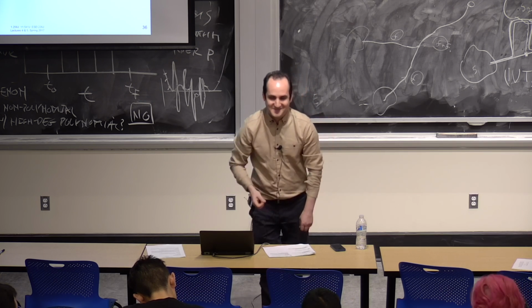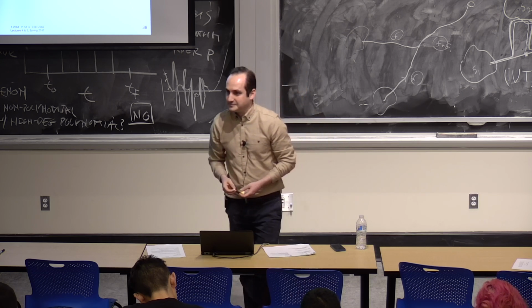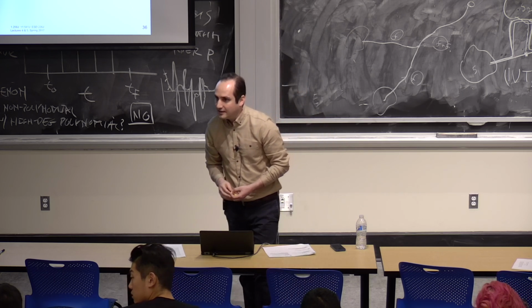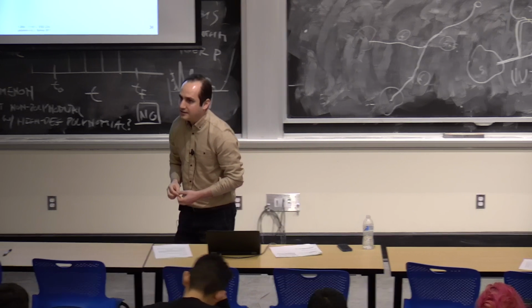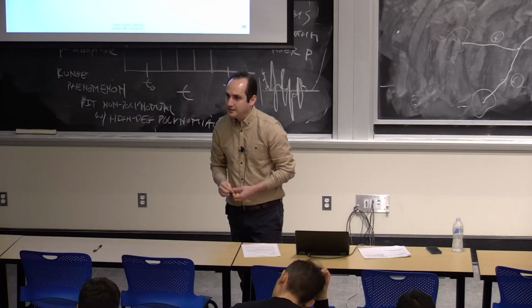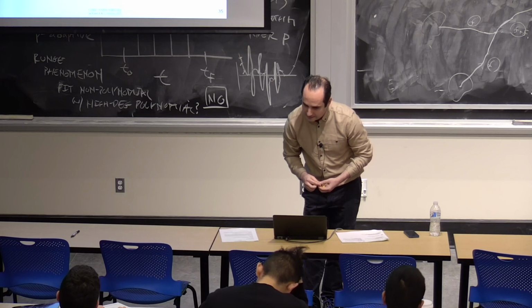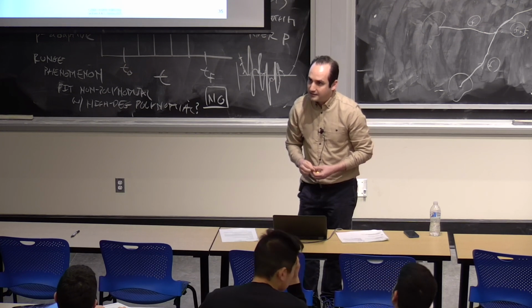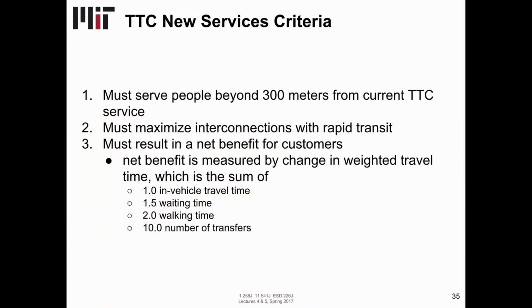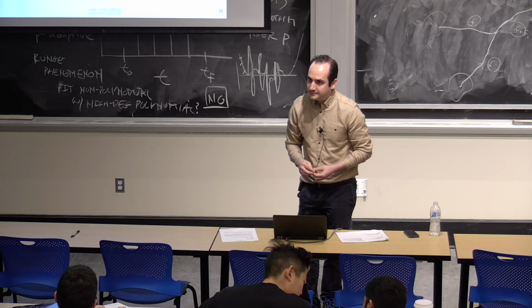Right. But isn't there a system of checks and balances in place? Because when it says new services criteria in slide 35, it actually looks at what is the disadvantage that users have to face when the service is rerouted and some people have to walk further. So that in itself would lead to a reduction in the number of people who will take the trips on that route.